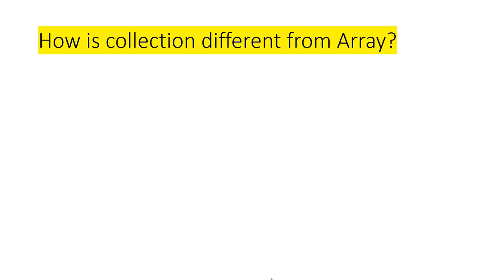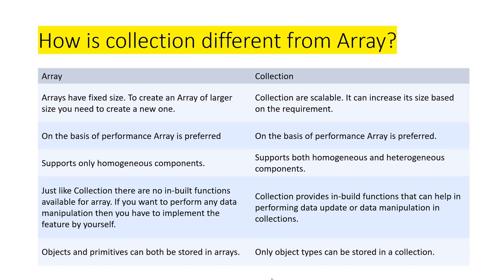But how can we explain all the differences? Array is of fixed size, collection is scalable. Performance of array is faster than collections. Array stores homogeneous components, while collection stores heterogeneous, meaning it can store objects of different types.